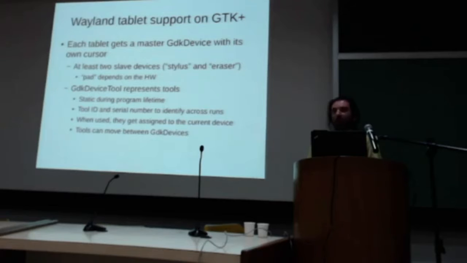So, yeah, the GTK device tool gets attached to a device when you use it. So you receive events from GTK devices, but you can pick the GTK device tool that goes in these events.